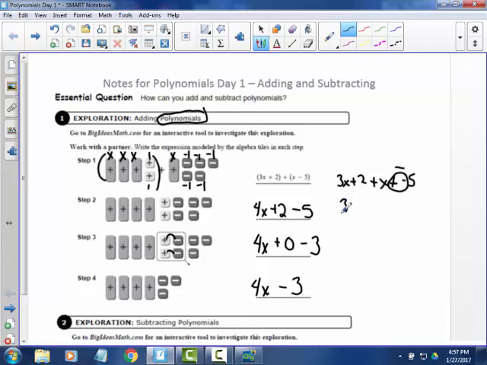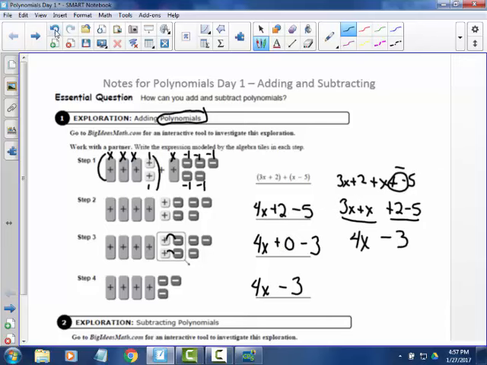Then we would regroup 3x plus the x plus 2 minus 5. And then these combined would be 4x, and these combined would be minus 3. Okay, so this is the more abstract, and then here we have a modeling.